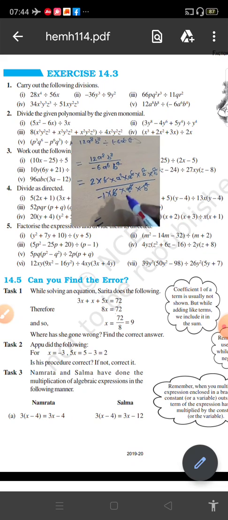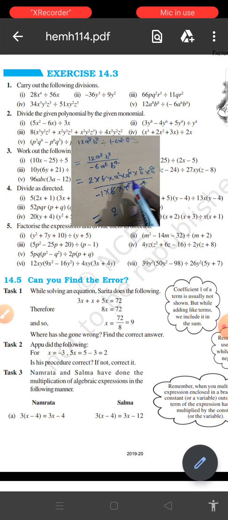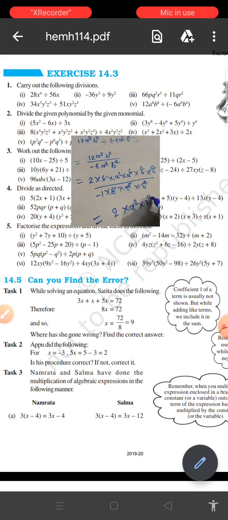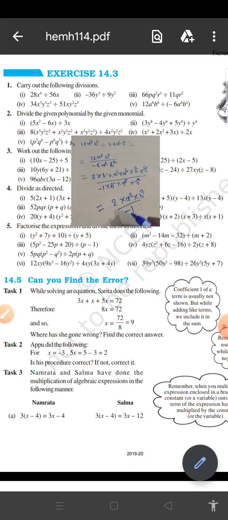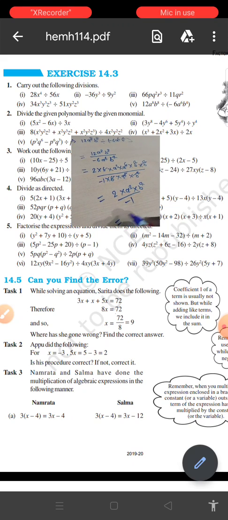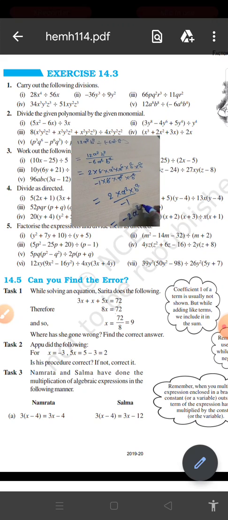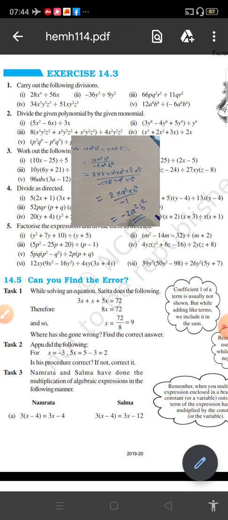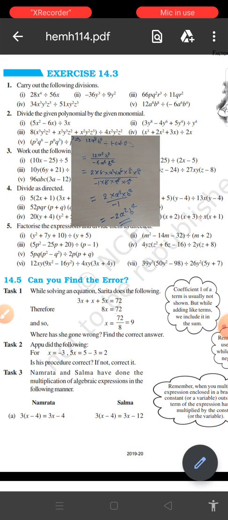You have 2 into a power 2 into b power 4 divided by minus 1, or you can write it as minus 2 a power 2 b power 4. This is clear? Student, I hope all of you understood. This is your whole solution, you can see.